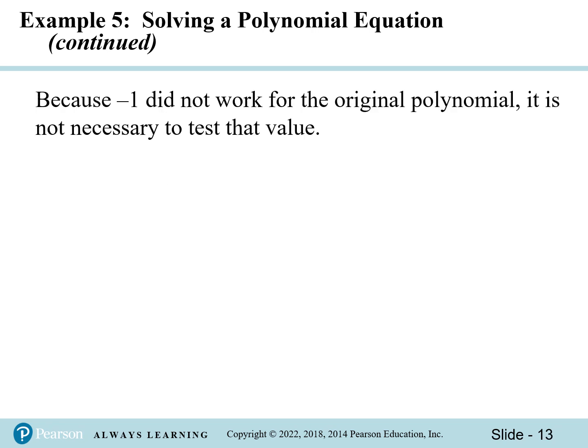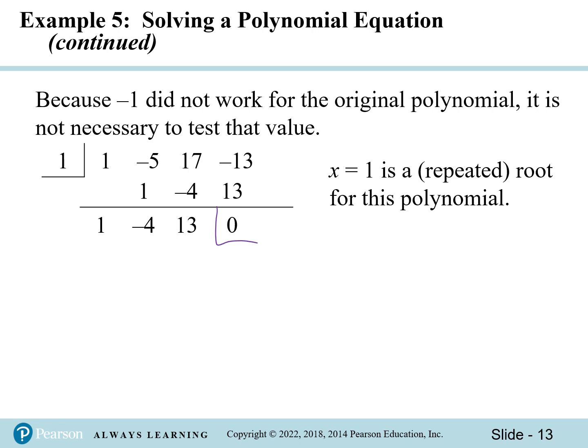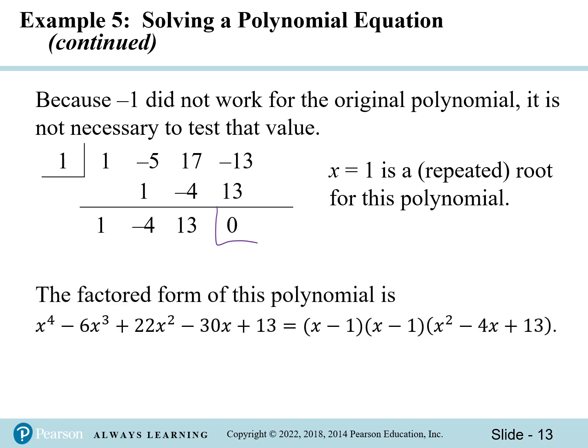But because -1 did not work for the original polynomial, it's not necessary to test that value. So let's try 1. And look, 1 works here. In this case, 1 is a repeated 0. So this means 1 has a multiplicity of 2, at least.